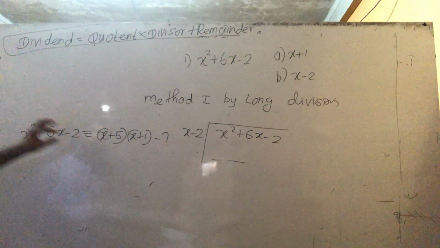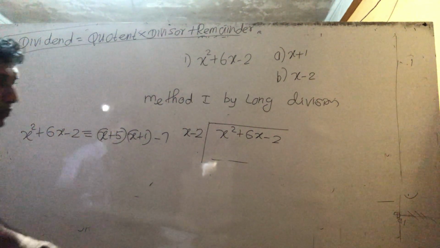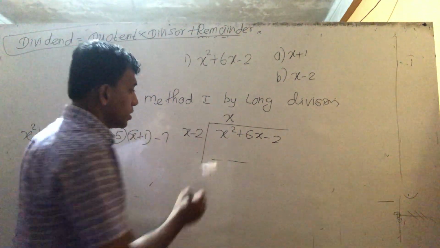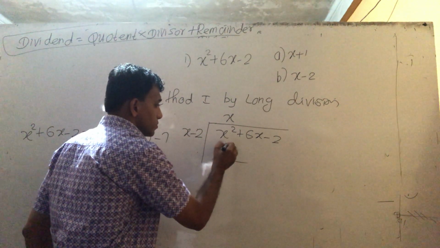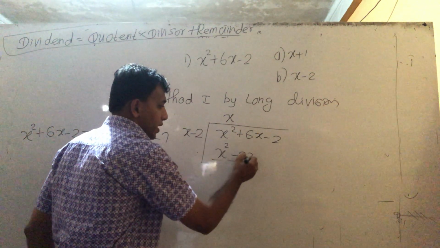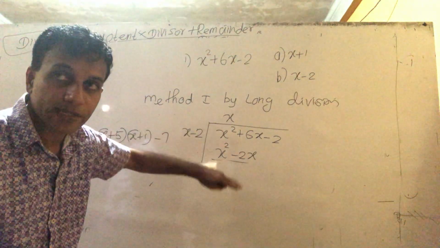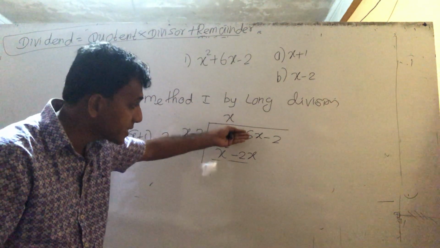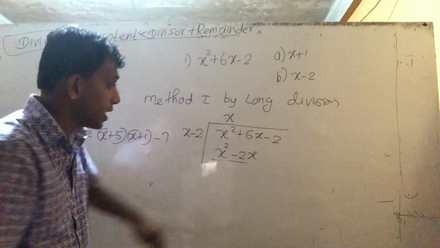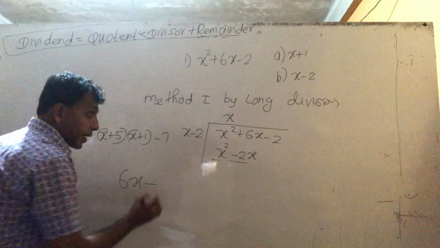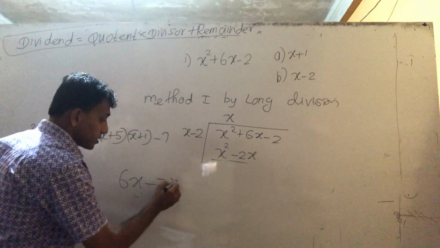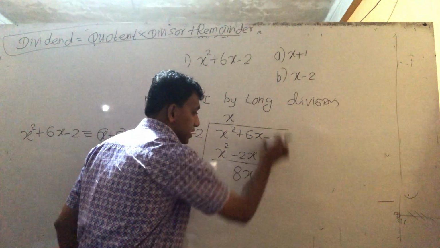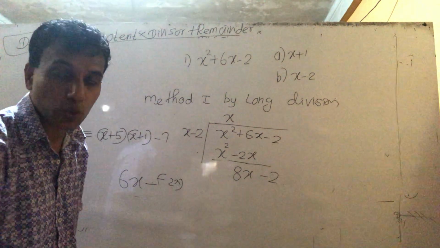So x multiplied by x gives you x square. Next, x into minus 2 is minus 2x. Now subtract the second row from the first: x square cancels, 6x minus minus 2x becomes 8x, and take this down, minus 2.